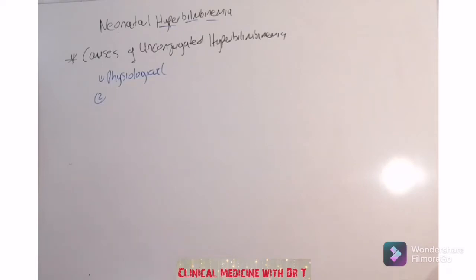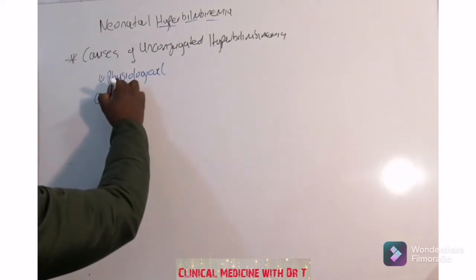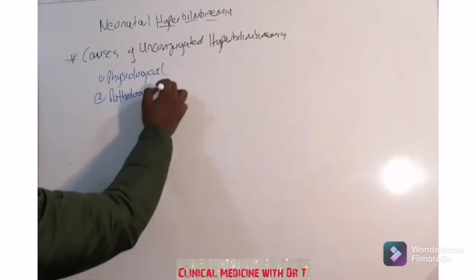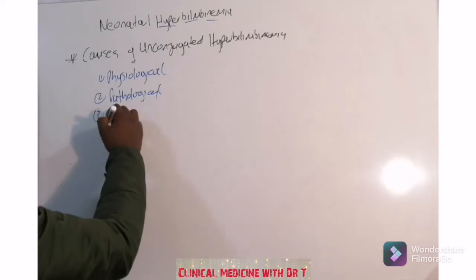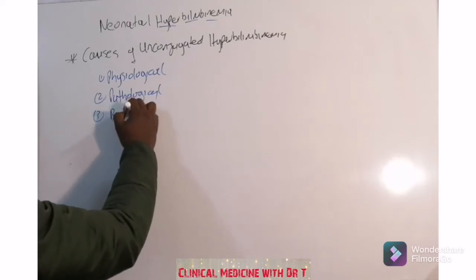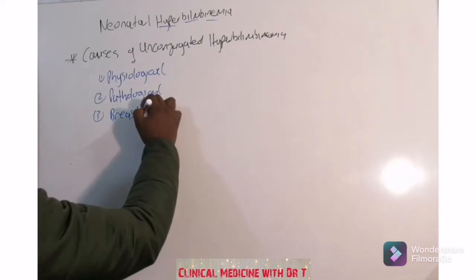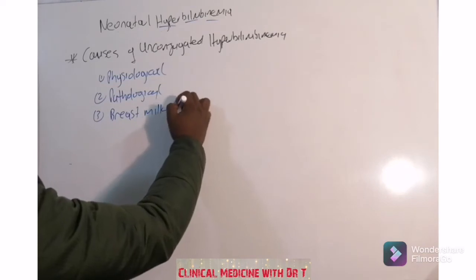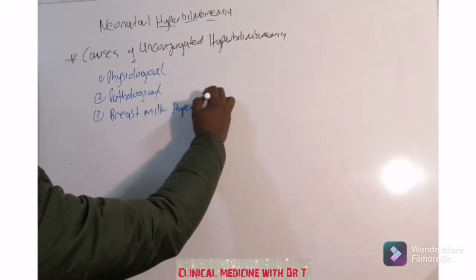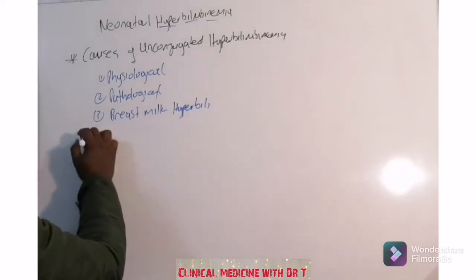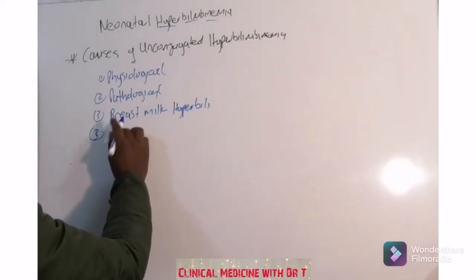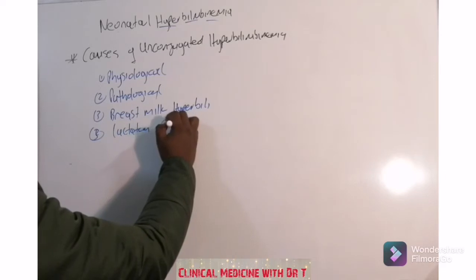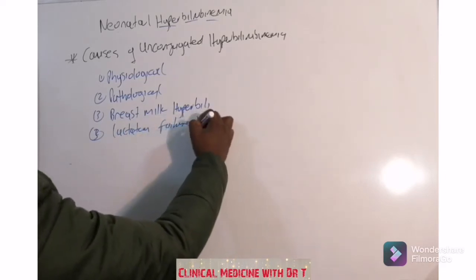So it can be physiological, it can be pathological, and then you can also have what they call breast milk hyperbilirubinemia, or you can have what they call lactation failure hyperbilirubinemia.